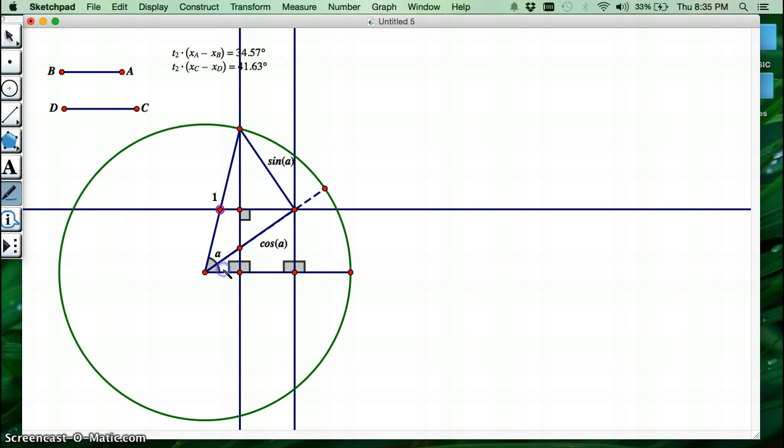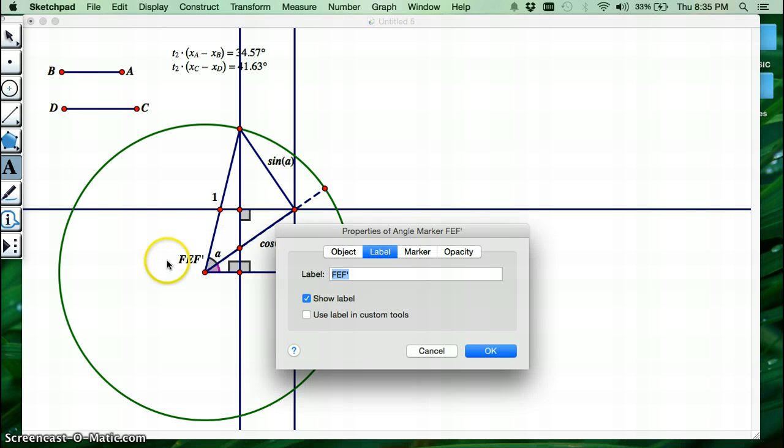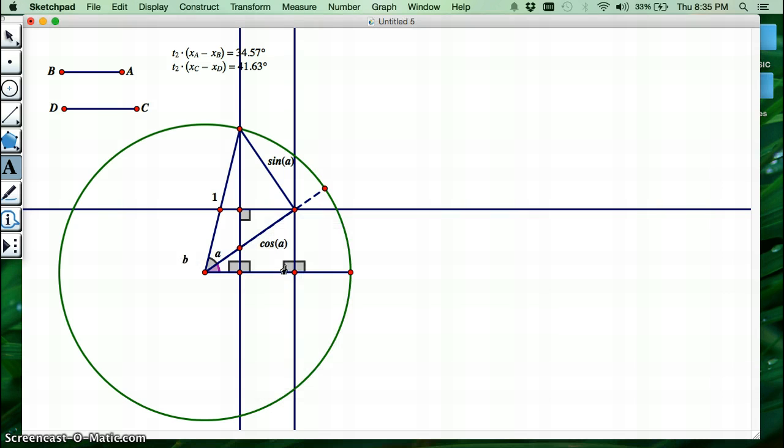Here we have another angle that we're going to label beta. It's a little cluttered. We're going to get rid of that.